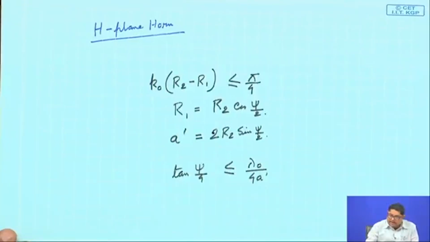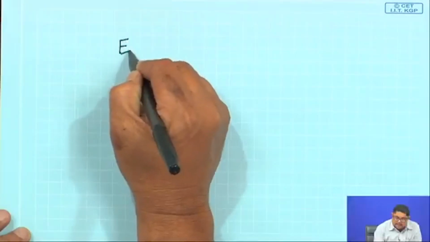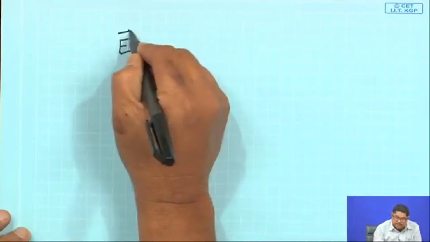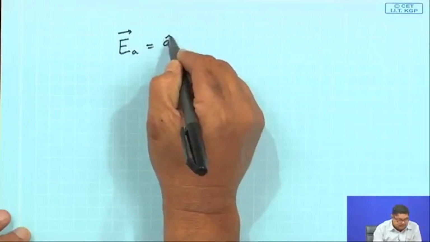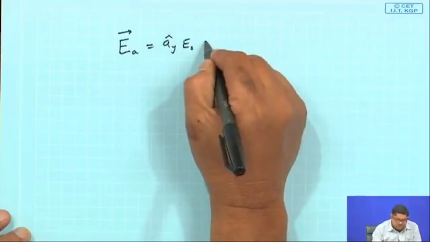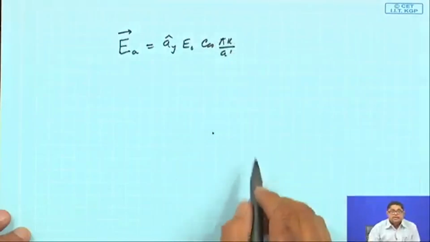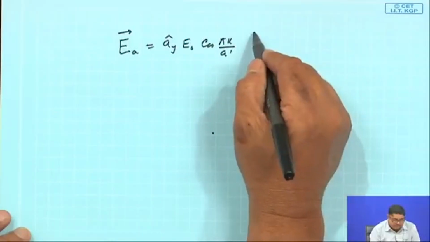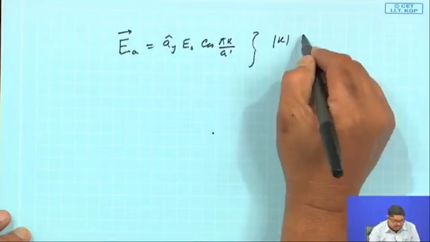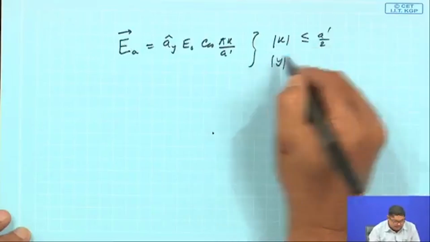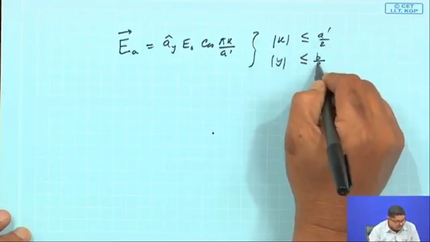So we can write that the aperture field will be a_y E0 cos(pi x / a dashed). Please remember this is a dashed here, for x less than or equal to a dash by 2 and y less than or equal to b by 2.